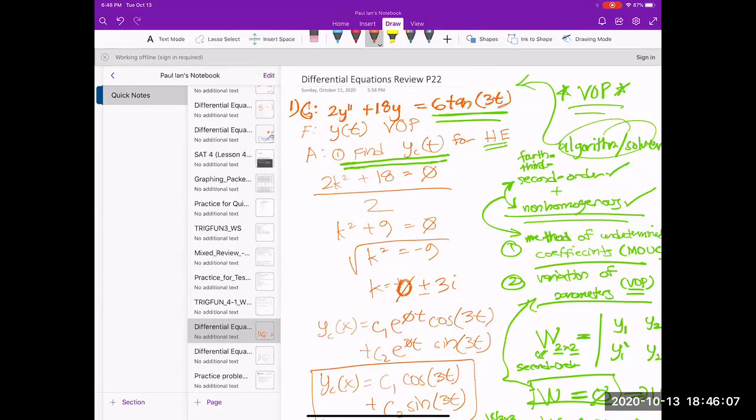T is your independent variable here. So this one is definitely homogeneous, and it's second order, but it has variable coefficients. It has constant coefficients, which is easy.